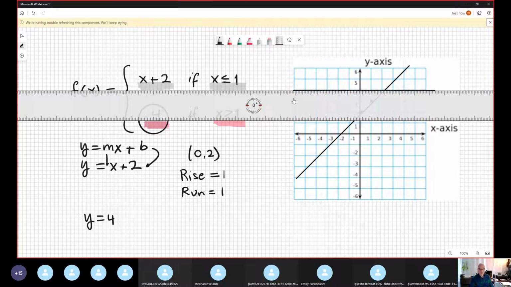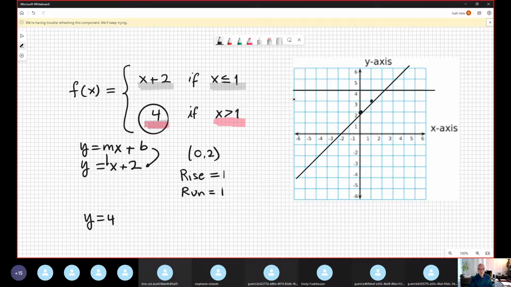Now, so far we have two graphs. The graph of the first piece and the graph of the second piece. But my goal is to do the graph of the entire piecewise function. Now I can see the conditions. The transition is the technical name, the condition is at 1.